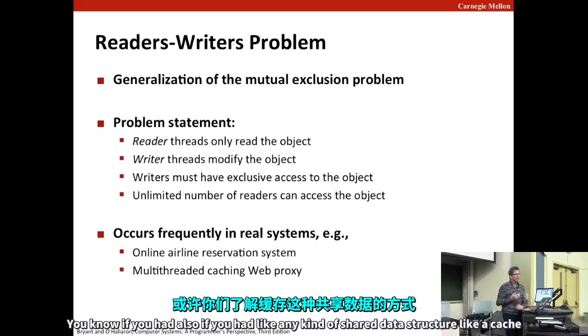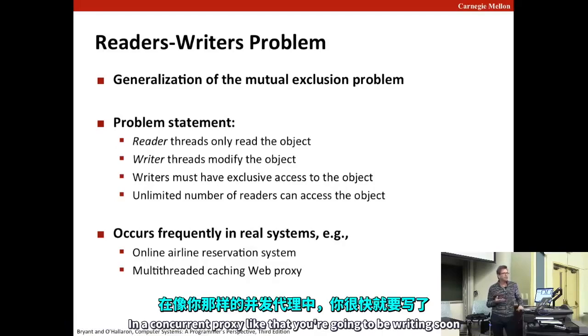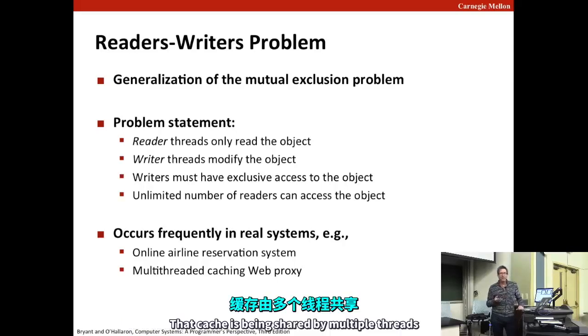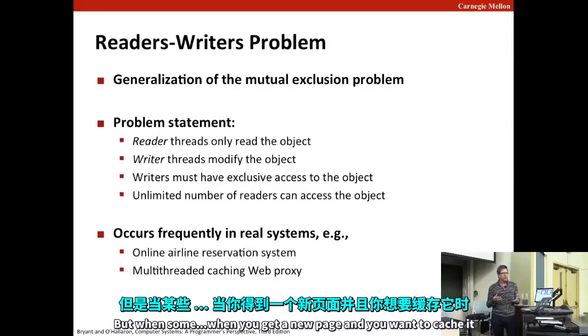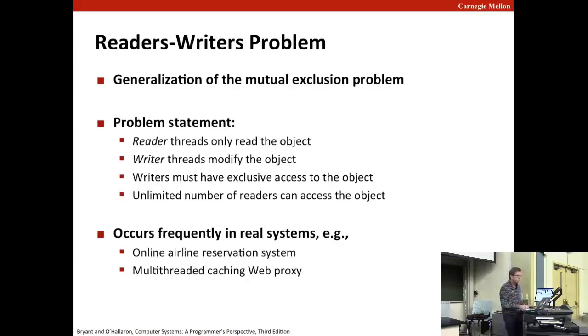Or take any shared data structure, like a cache in a concurrent proxy. That cache is being shared by multiple threads, and multiple threads may be reading that cache, but when you get a new page and you want to cache it, that constitutes a write, and that write needs to happen in a mutually exclusive way.